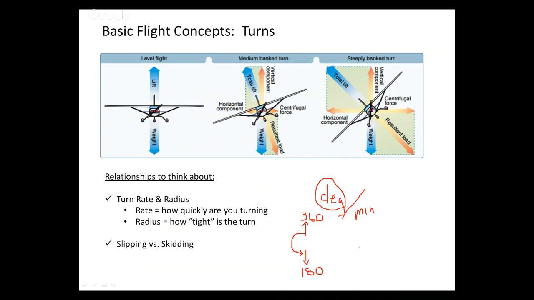Very, very simply put. And like I said before, if this is your intended turning circle, this is your intended track, that would be a smaller radius than this intended track out here.